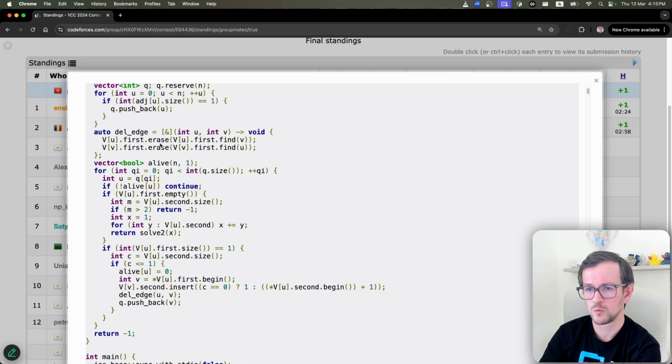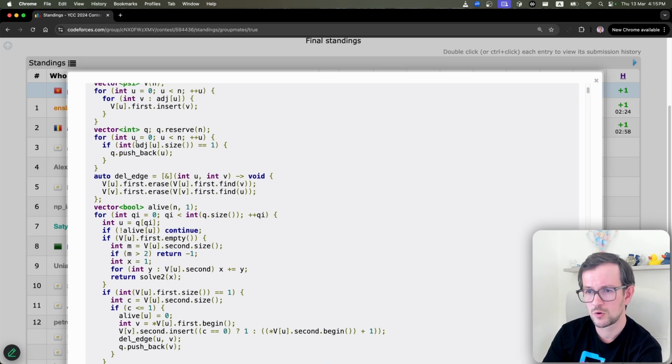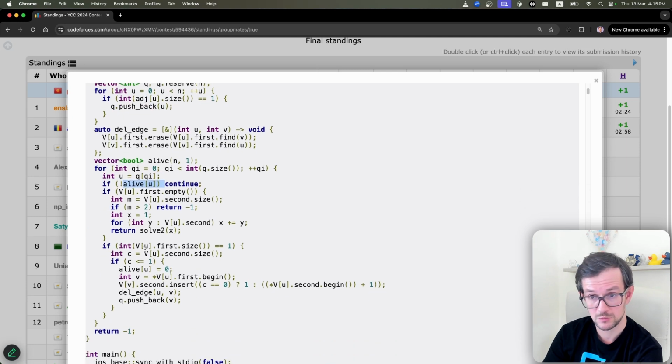So we have the queue, yeah? That's up here, yeah, that's queue. We push all elements in the queue in some arbitrary order. So put all the leaves in the queue, then take the, if it is not alive, continue. Okay. First, second size.